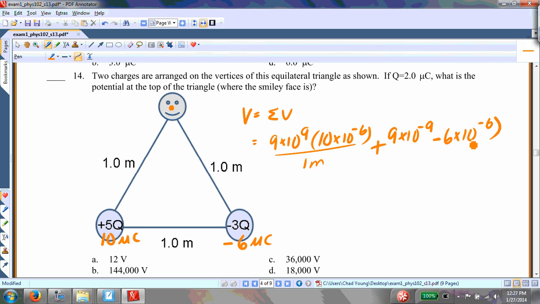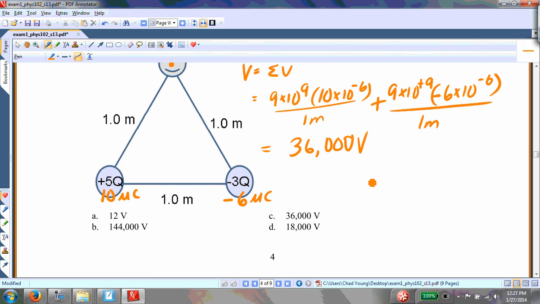This is a negative value, because it's a negative charge, divided by 1 meter. This is just like we did before, finding the total potential due to this collection of charges. Oh, this should be a positive 9 right here. And I get 36,000 volts.